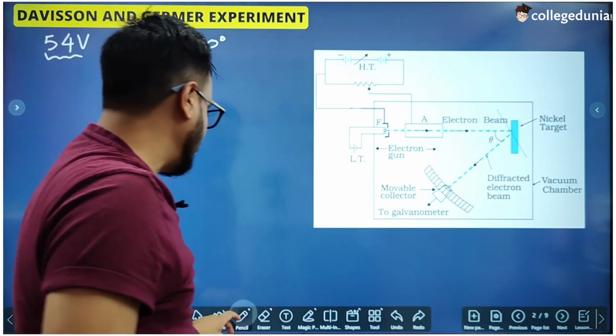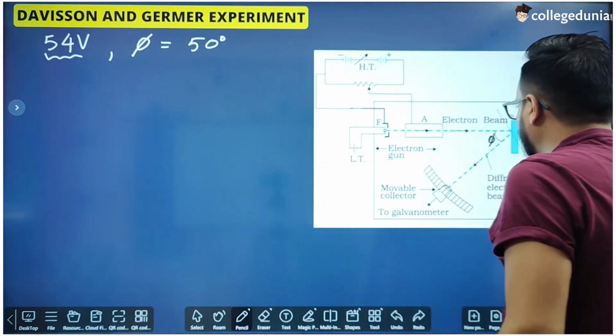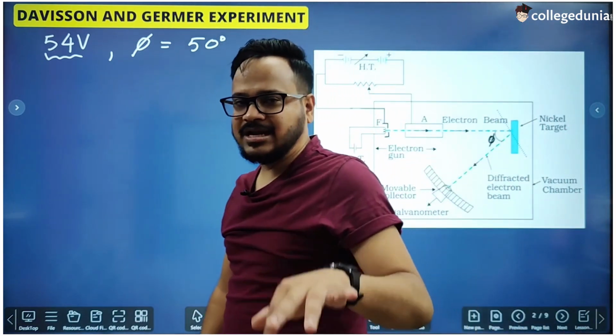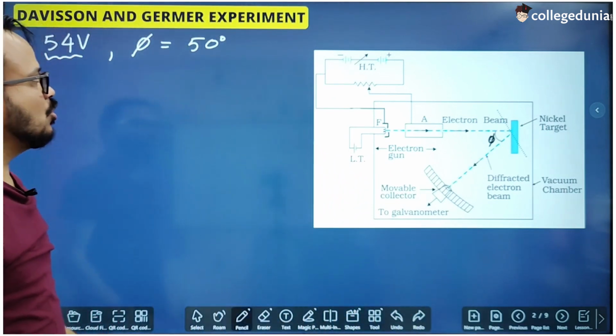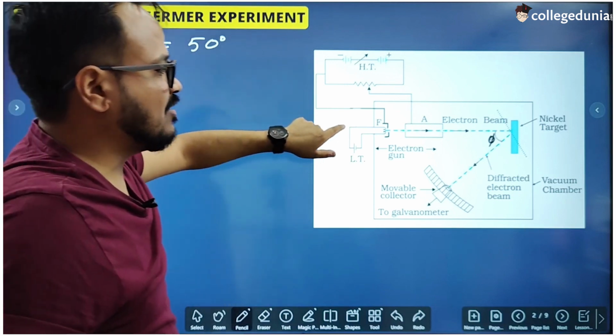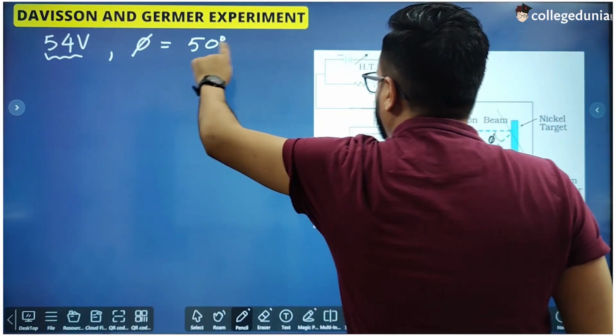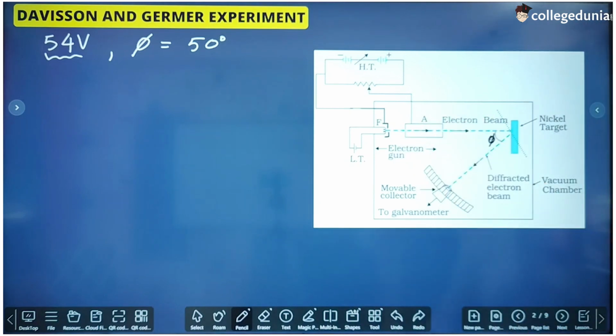This is the scattering angle which I have taken as phi. We are going to take theta as some other angle, I'll tell you which one, right? So when this voltage was kept as 54 volt, the maximum number of electrons got scattered at an angle of 50 degree.